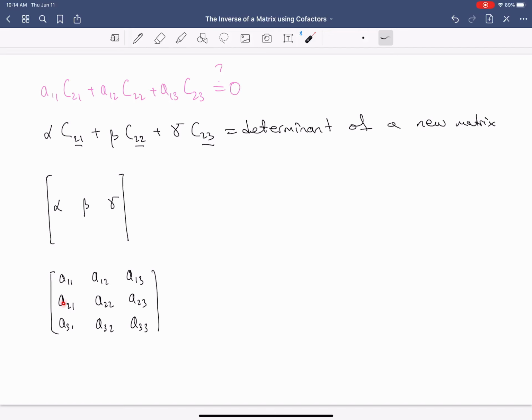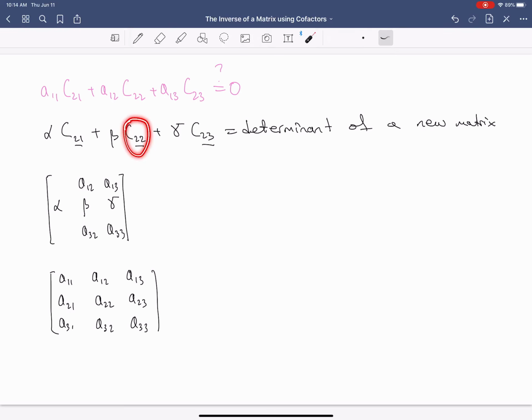So I have to remove the second row and the first column. So now I see that in the first column, I should have A12, A13, A32, A33. So these things have to be in this matrix as well. Okay, well, let's write that. So I have A12, A13, A32, A33. So I have almost everything determined.